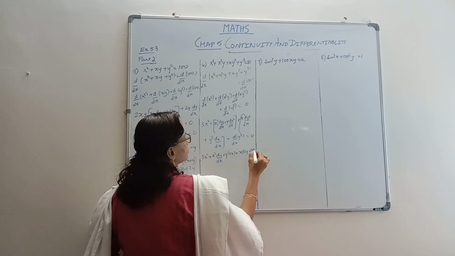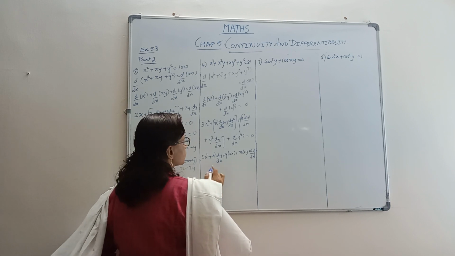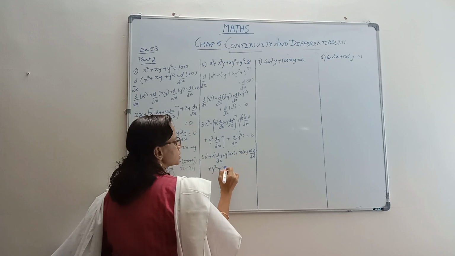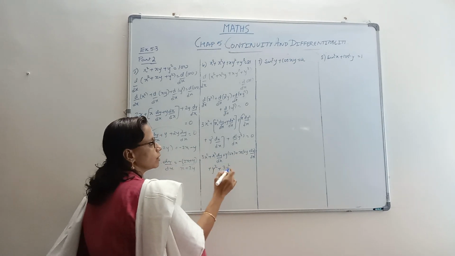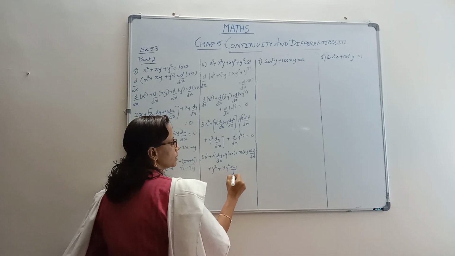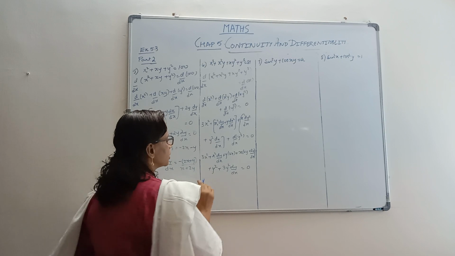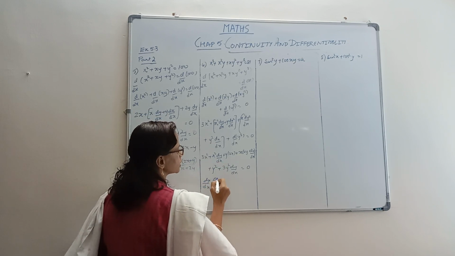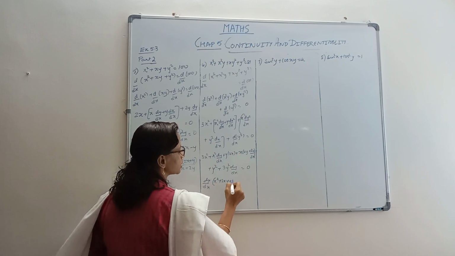Then y squared dx by dx, of course, is just y squared, plus y squared, plus y cubed with respect to x means first the derivative of y cubed, which is 3y squared, like what we did here. But because it's a function of y, we have to write dy by dx, equal to 0. Finally, we will bring all the dy by dx terms together. What all is there? Here there is this x squared, here there is this 2xy, here there is this 3y squared.